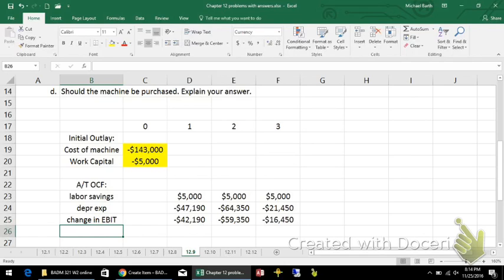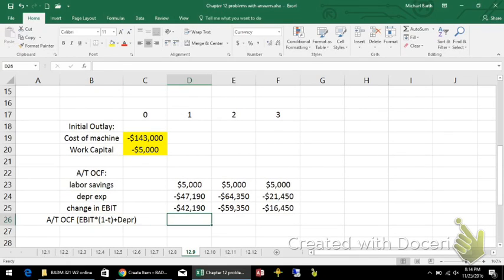So if I want to get my after-tax operating cash flow, which is EBIT times 1 minus the tax rate, and then add back the depreciation, EBIT times 1 minus 0.35, 35% is the tax rate, and then add back that depreciation expense. And those are my after-tax operating cash flows.